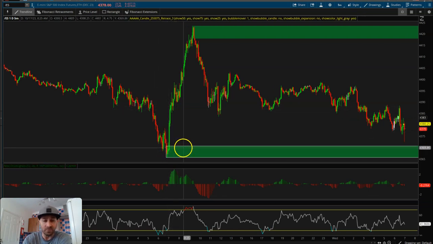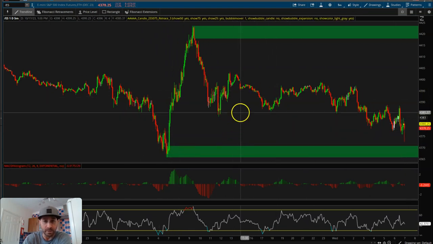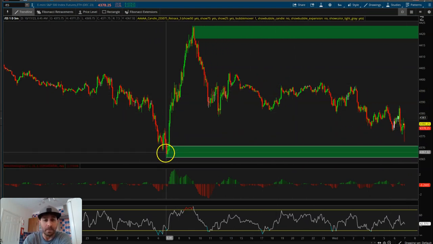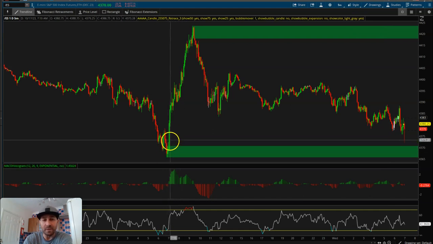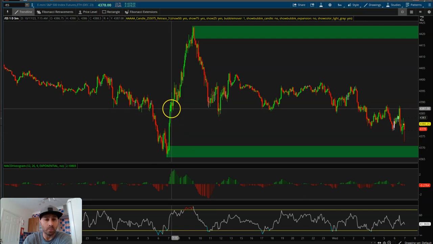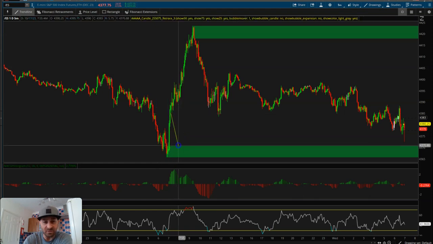Remember, we don't know this is a zone yet because we just drew it and price is over here. We go, hey, if it comes down, we want to be a buyer. But what we want to see is a very powerful upward move where price never actually came back to retest this zone and then moved higher.